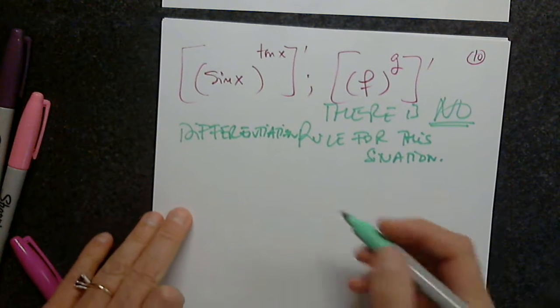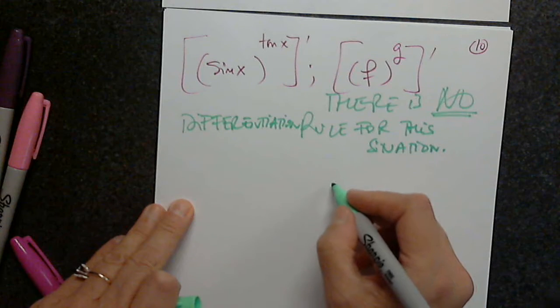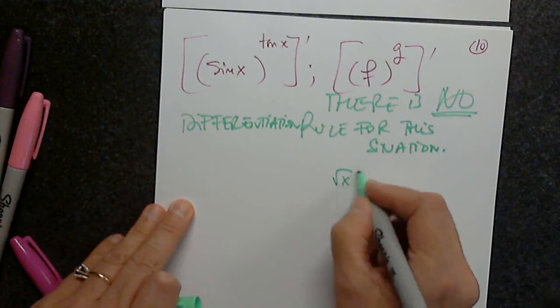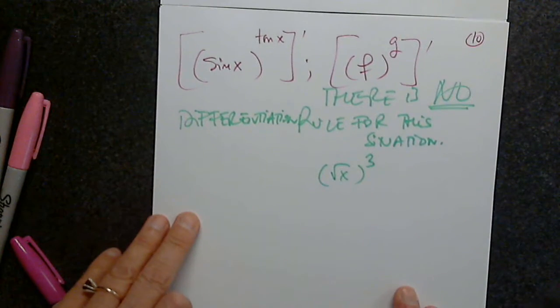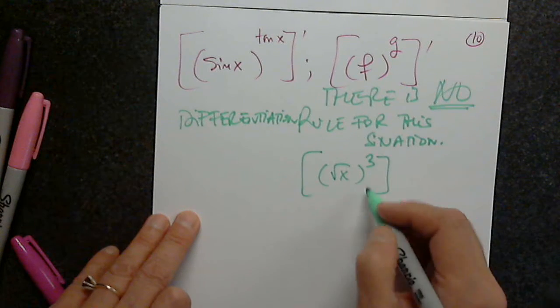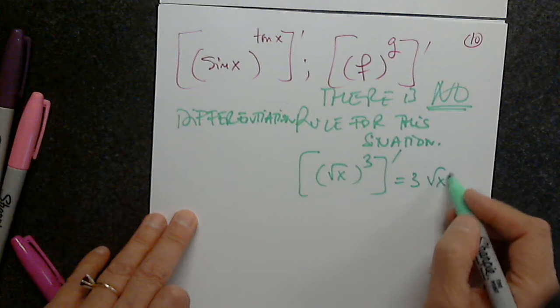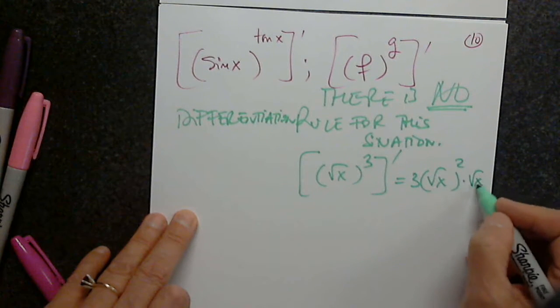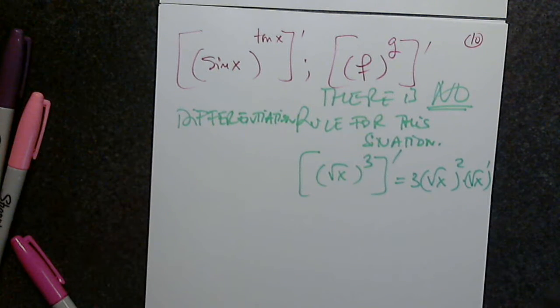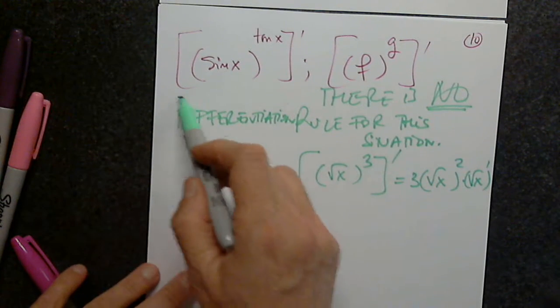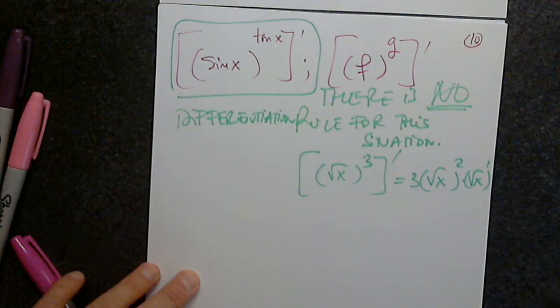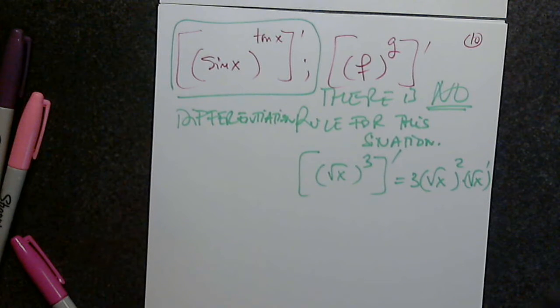Now, if you have the square root of x raised to the third power, it's a different story. But this is not a function. So when you differentiate, it will be 3 times the square root of x to the second power times the square root of x prime. And that's what we discussed before. But this is a totally different situation. Nothing works here. And yet, we can determine the derivative of this function. And here is how.